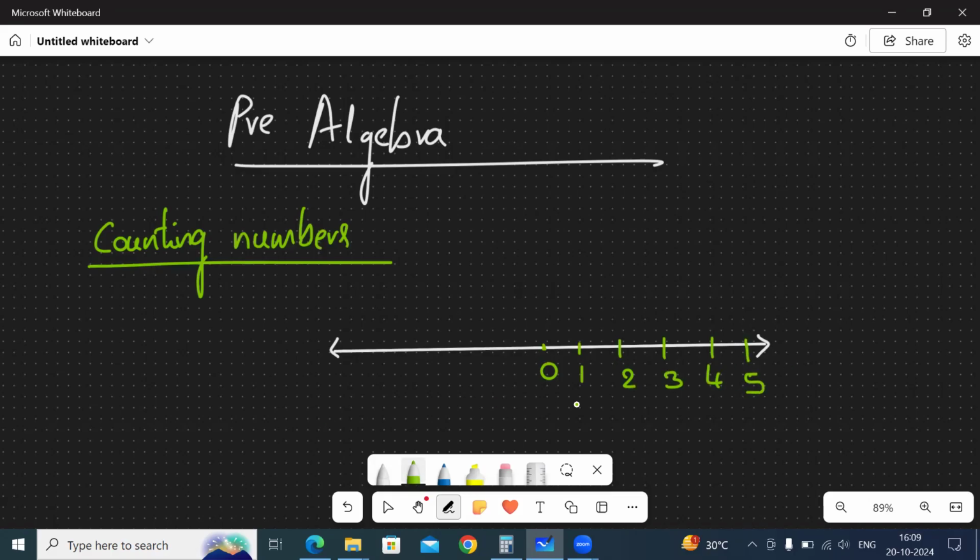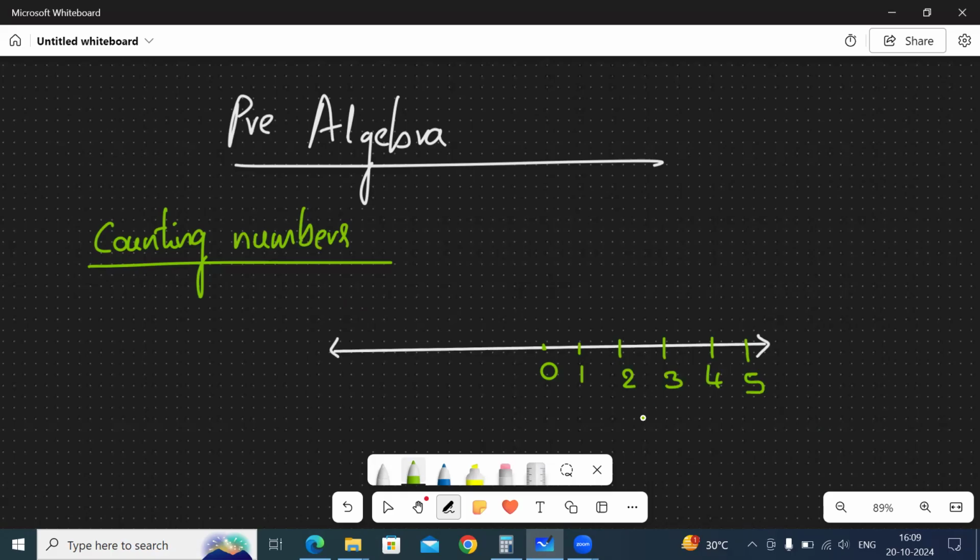Okay. And let's not focus on the left side of the 0. I'll explain that later. But just focus on the right part of this axis, where I have mentioned all the numericals.